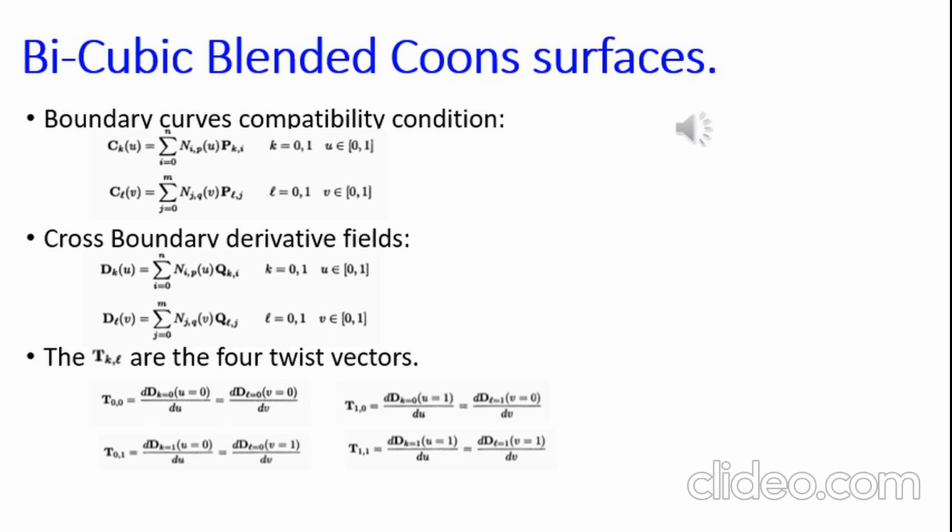When we want to create a surface with Ck of u and Cl of v as its boundary curves and dk of u and dl of v as its partial derivative fields around the boundaries, then the Ck of u and the dk of u along with the Cl of v and dl of v need to be compatible in the B-spline sense. These curves and the partial derivatives also need to satisfy these twist vectors denoted by T of kl. And the equation to find these four twist vectors is given below.